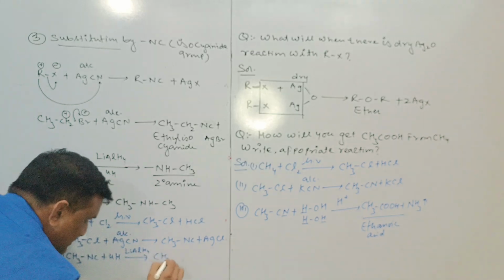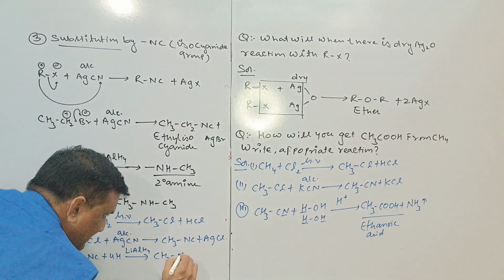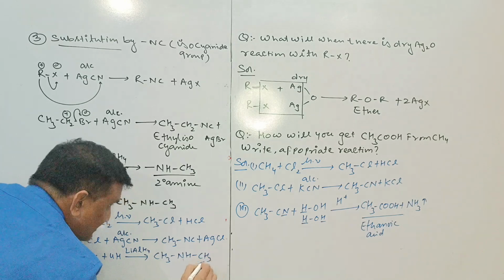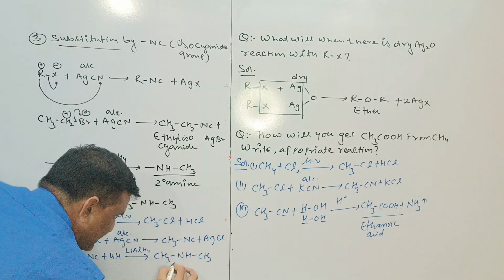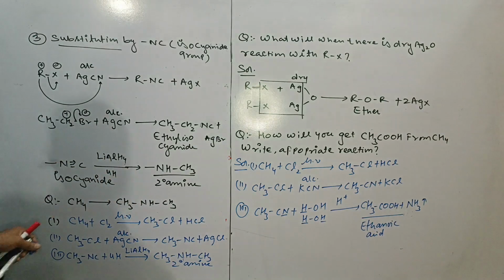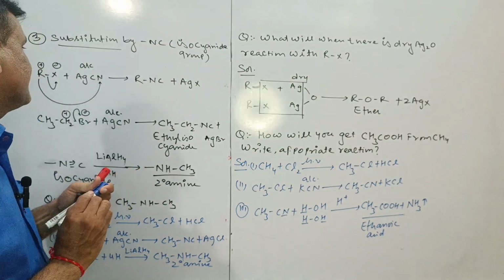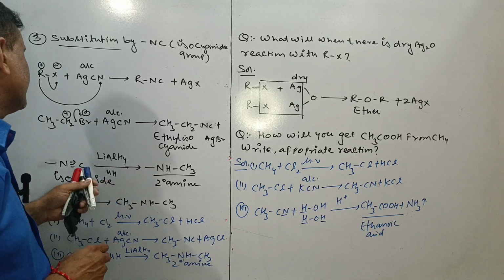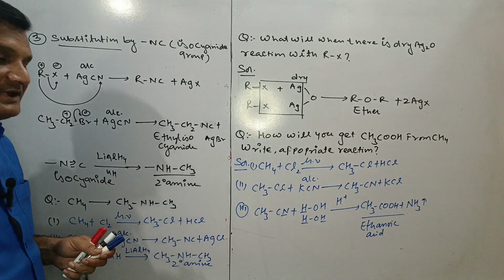We get CH3NHCH3, this is the 2-degree amine. So here will be formation of the 2-degree amine, dimethyl amine. So this was the example regarding the third type, substitution of isocyanide.